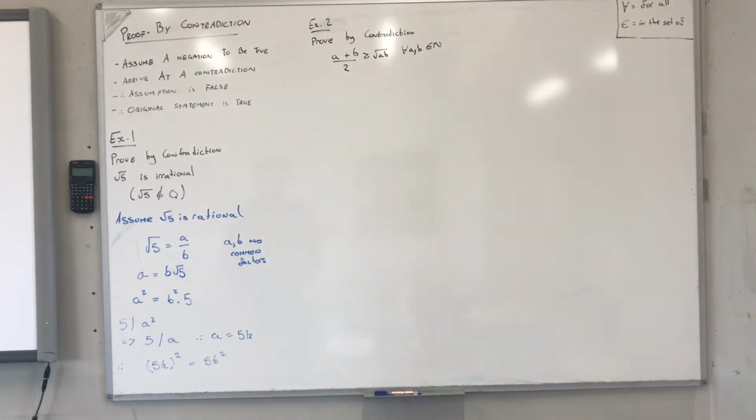So now we've ended up with 5k all squared equals 5b squared. Okay, so let's re-establish, I worked out that a is divisible by 5, which is important. Now let's get an idea of what b turns out to be.